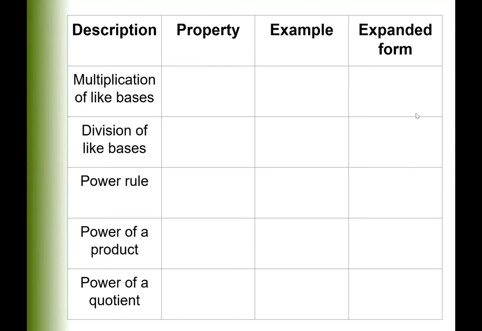So for multiplication of like bases, essentially what that's saying is anytime you have two numbers with the same base, what do we do when we have exponents attached to both? Say we have the letter B squared times the letter B cubed.